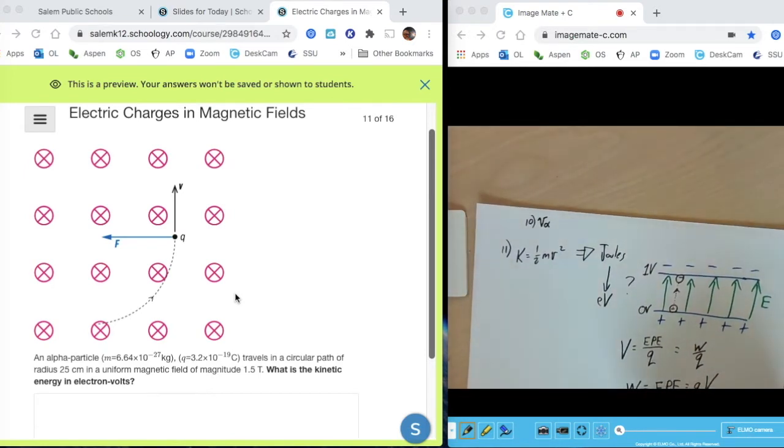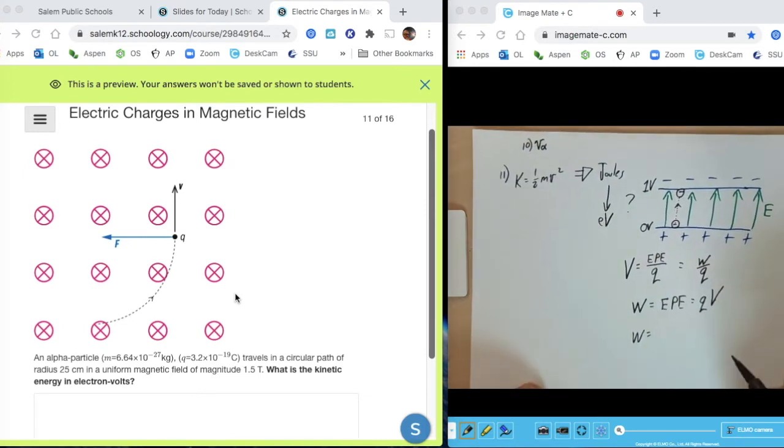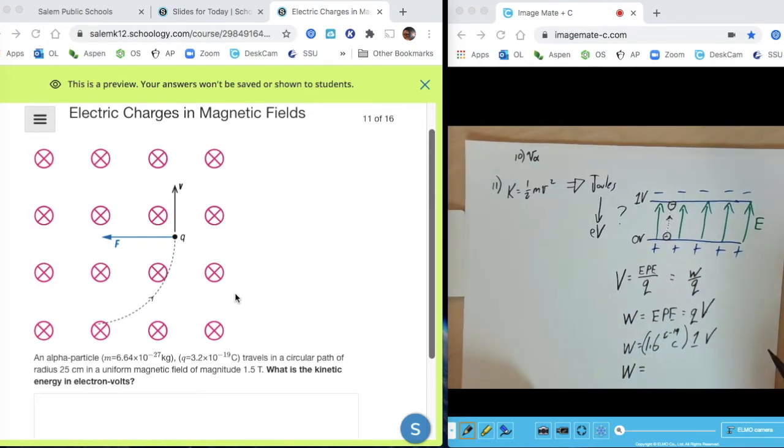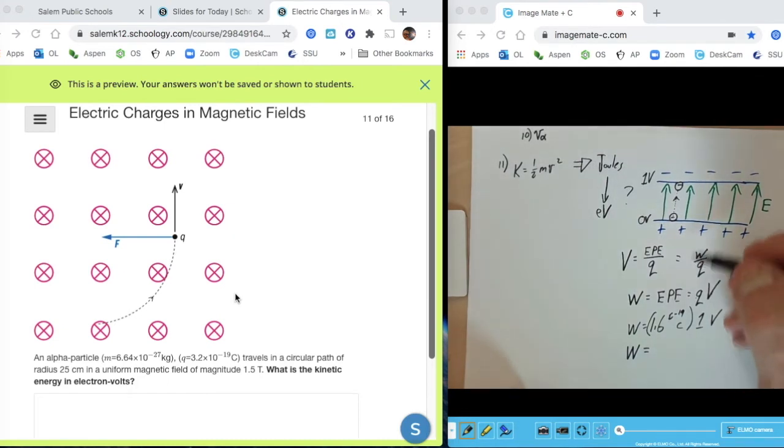So in order to move an electron up 1 volt, how much work do I have to do? Well, I have to do the charge on the electron times the voltage, which is just 1. So Q times V: 1.6 E negative 19 coulombs times 1 volt. So how much work do I have to do to bring an electron through 1 volt of potential difference, to raise an electron up to the 1 volt mark?